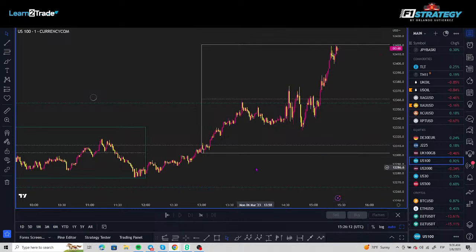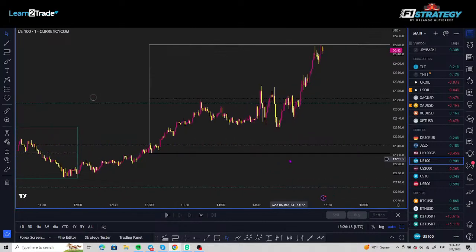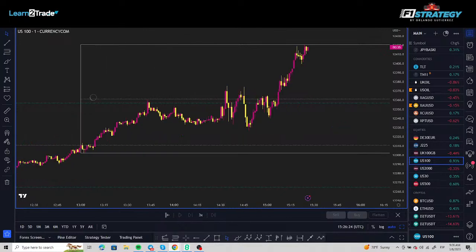After that you need to live trade it yourself and journal it before releasing it. So that's why it takes a ton of time. Definitely worth it.